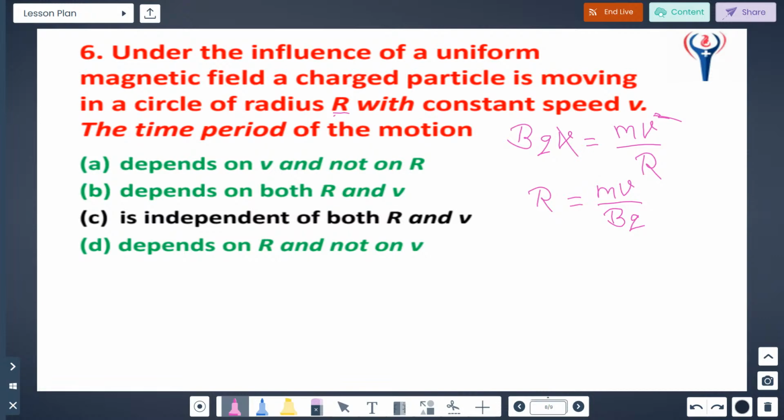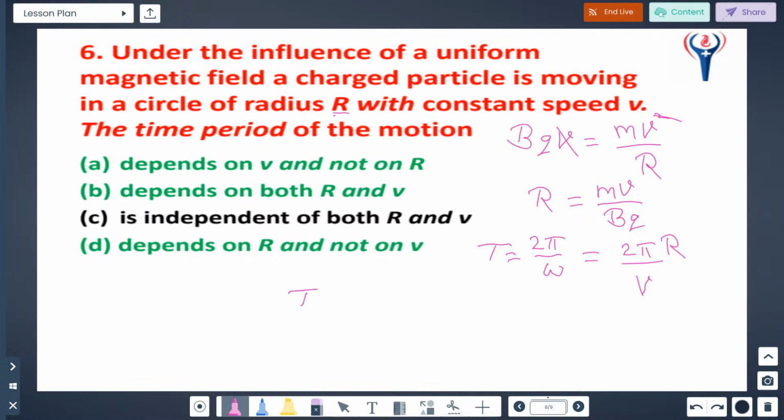You know the relation between time period and angular frequency: T equal to 2 pi by omega. Omega is the angular velocity, and there is a relation between angular velocity and linear velocity: V equal to R omega, or omega equal to V by R. Then substitute this here: 2 pi by V by R. Substitute the R value here.